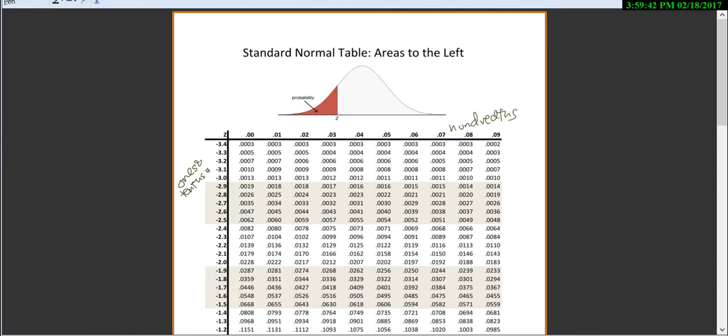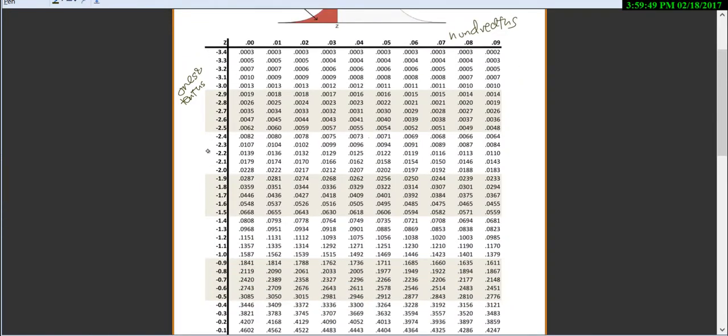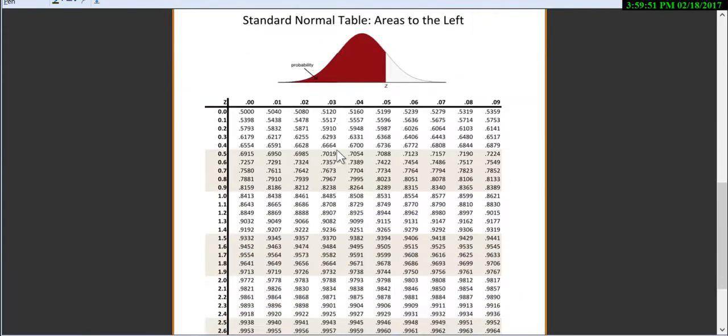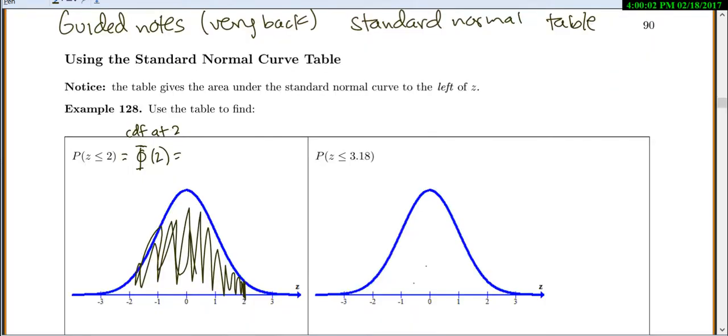So what you'd do is try to find z equals 2. You'll notice on the first page of the table, these are all negative z values, so I actually need the second page of the table. I go down to z equals 2.0, and then go across the 0, so 2.00. Find the intersection, and it's 0.9772. So that's my area here, 0.9772.